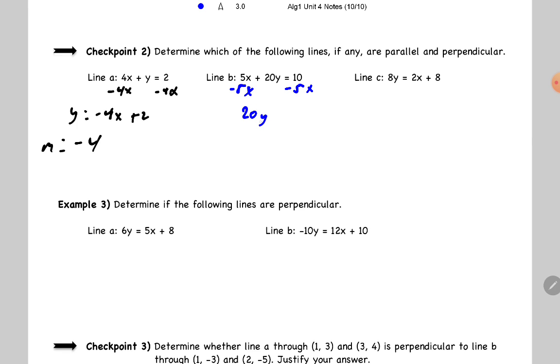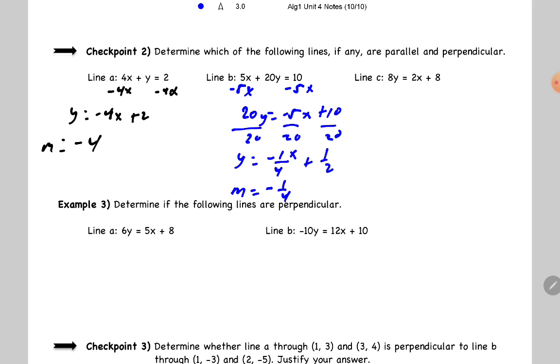So I'll get 20y equals negative 5x plus 10. And then I'm going to divide everything by 20. So y equals negative 1 over 4 x plus 1/2. So my slope for this one is negative 1/4.